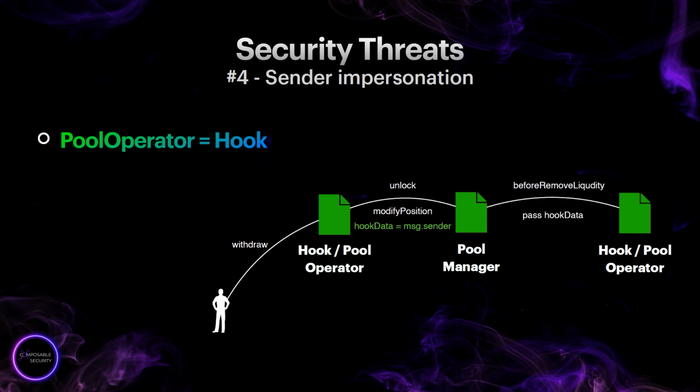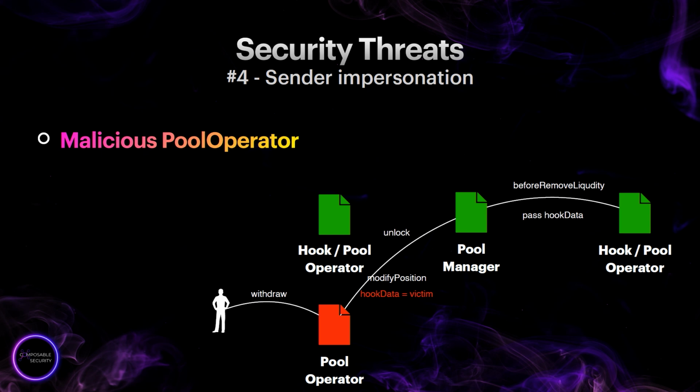And it's even more interesting when the hook and pool operator are the same contract, right? But there was no impersonation yet. So here it comes. Why can't you use some malicious pool operator and make it call pool manager with some malicious data, right?